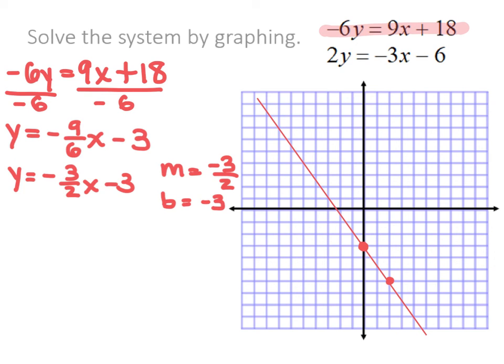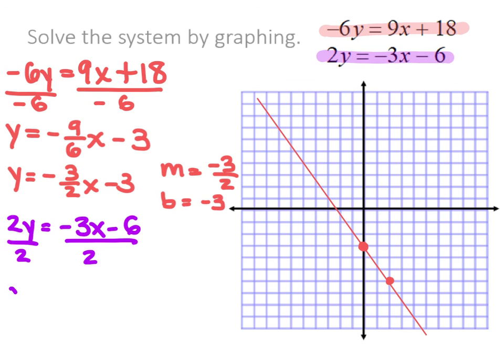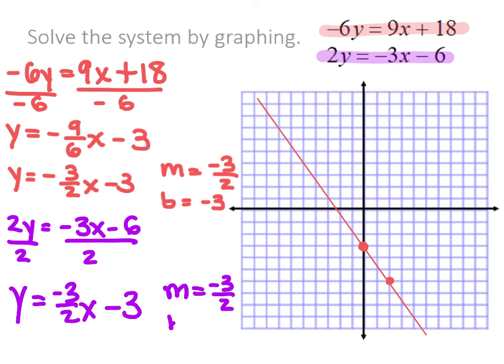Now the other equation is 2y equals negative 3x minus 6. If we want to solve to get y by itself, I have to divide everything on both sides. So I'll have y equals negative 3 halves x minus 3. So the slope is negative 3 over 2, and the y-intercept is negative 3.